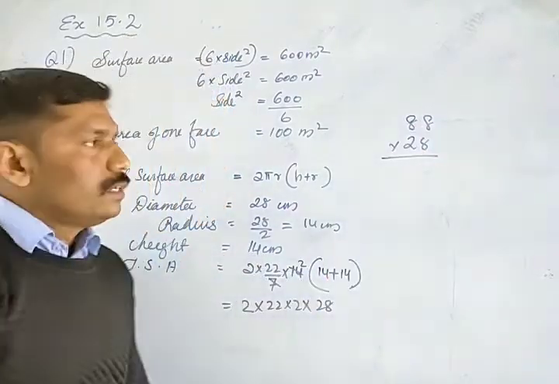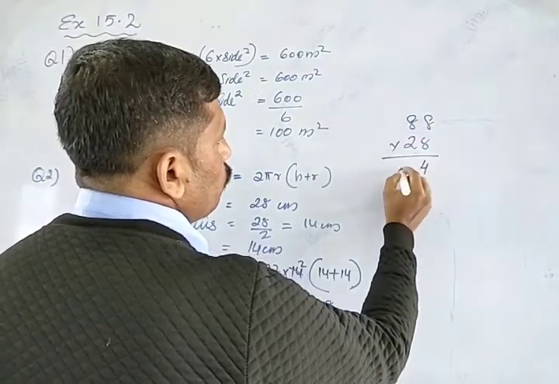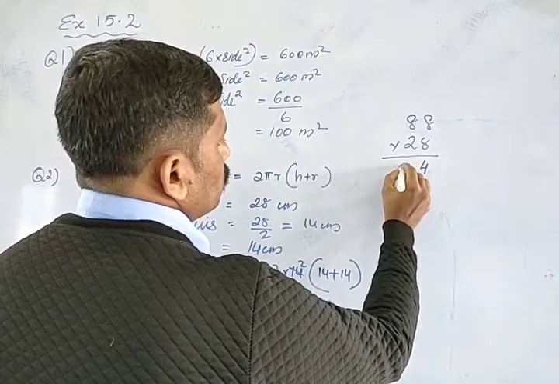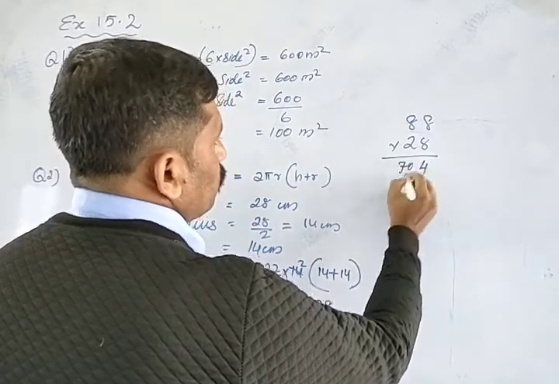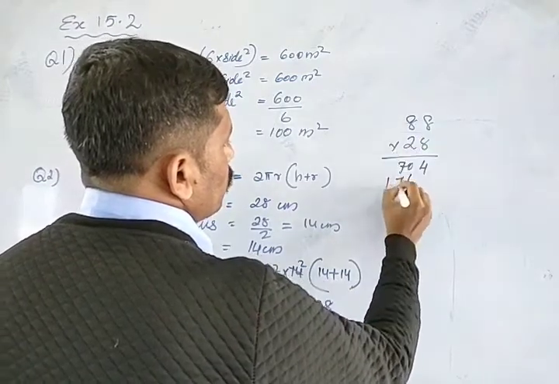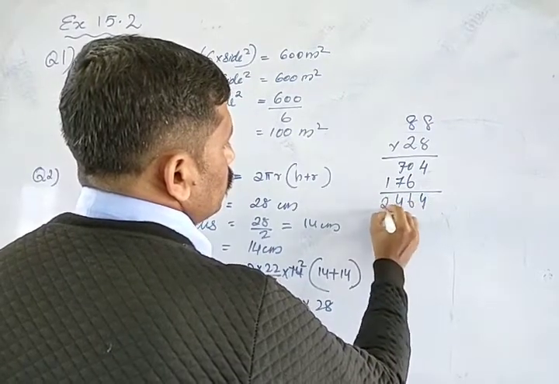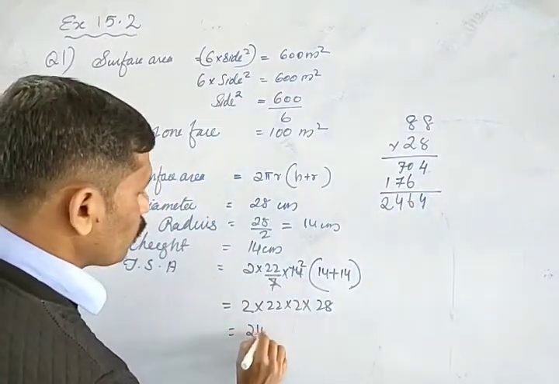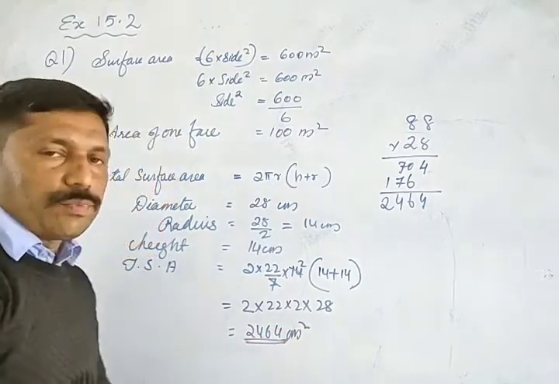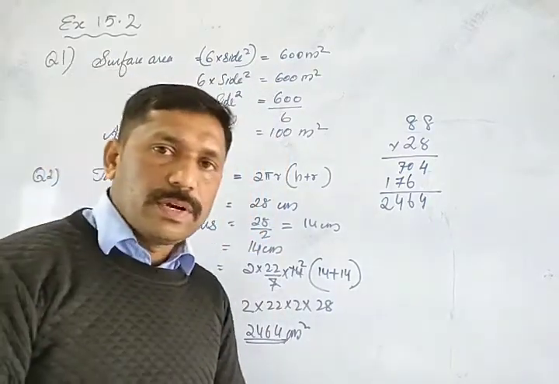We multiply 88 into 28: 8 eights are 64, plus 6 is 70, 8 twos are 16, and so on. That means 2464 centimeter square is the total surface area of that cylinder. 2464 centimeter square.